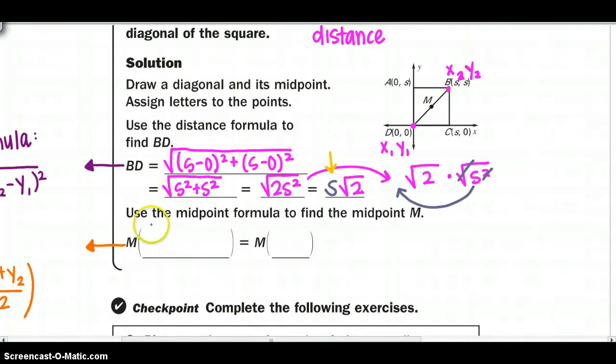Now for the midpoint, again, plugging in the same way, S plus 0, S plus 0. So for any diagonal of a square, our midpoint is going to be our side divided by 2, our side divided by 2. So go ahead and stop it here and do checkpoints 3 and 4.